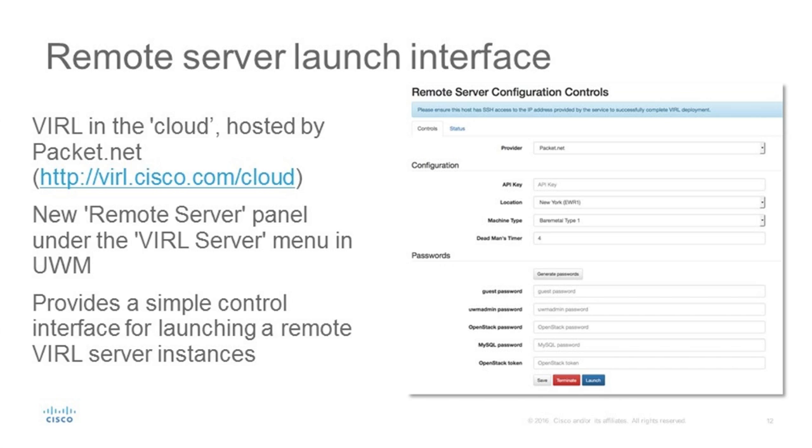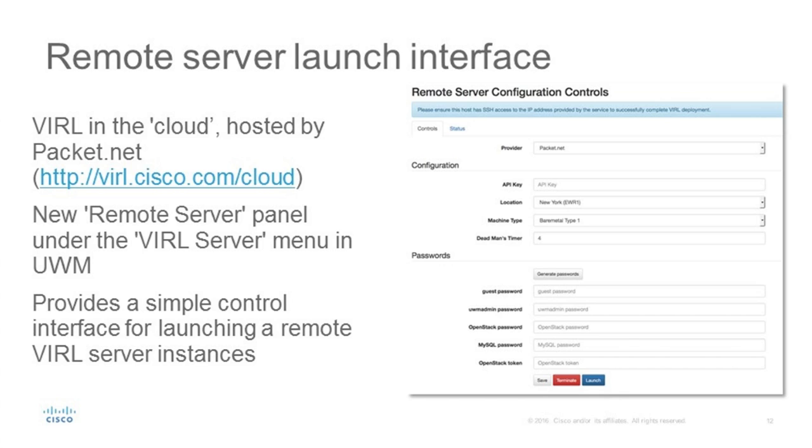From your regular VIRL server, there'll be a new panel available, and the dialog you can see here is just a case of filling in the various fields. You'll need to get an API key, so you have to register with packet.net to get that. Then you'll be able to select the location, Amsterdam, New York, or San Jose, and the bare metal server type and how long you want your server up and running.